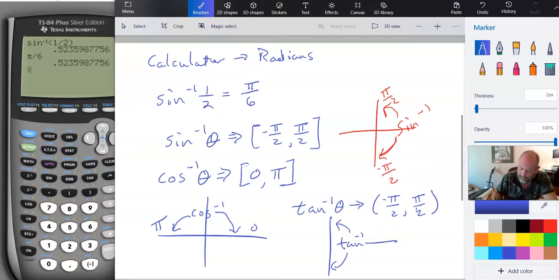Actually, there's a lot deeper explanation, but the fact that sine and tangent are both odd functions is why they occupy quadrants 1 and 4, and the fact that cosine happens to be an even function is why it occupies quadrants 1 and 2. But more on that later. Just remember that odd property because that can save you a lot of time.